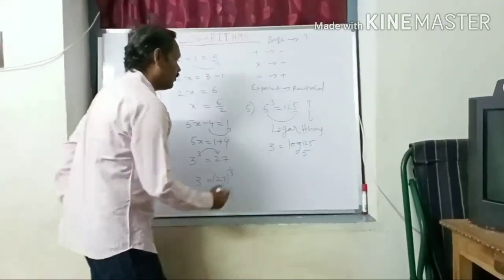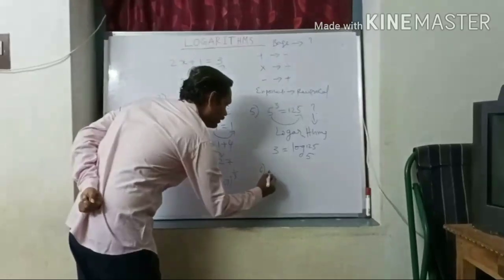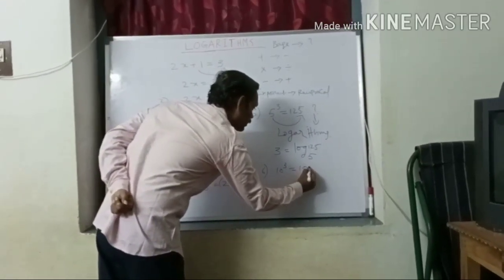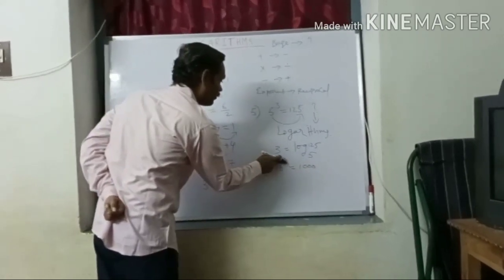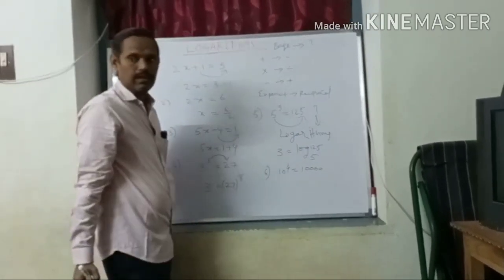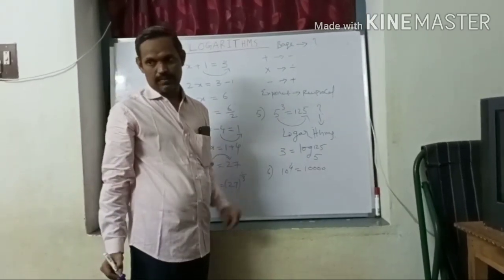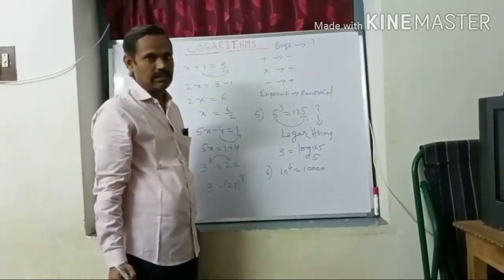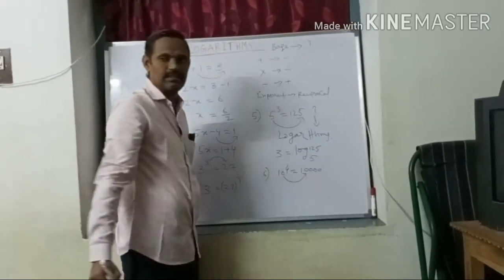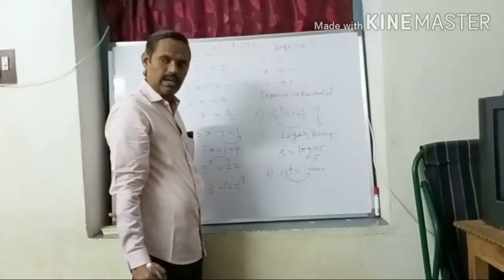For example, you take another example. 10 cube is equal to 1000. Or take 10 to the power of 4 is equal to 10,000. It is an exponential equation. In this exponential equation, I am going to transpose the base 10 to RHS. Then what happens? Can you guess?